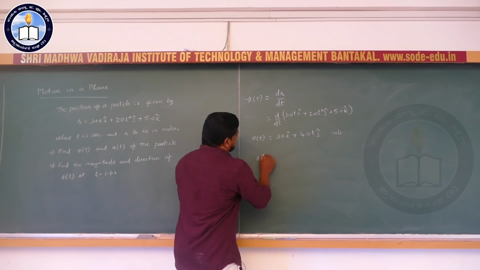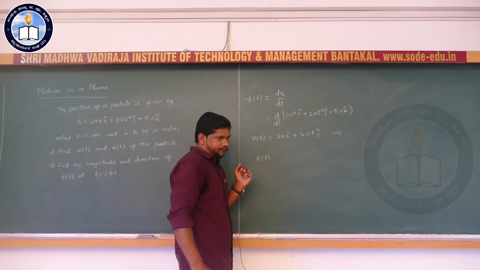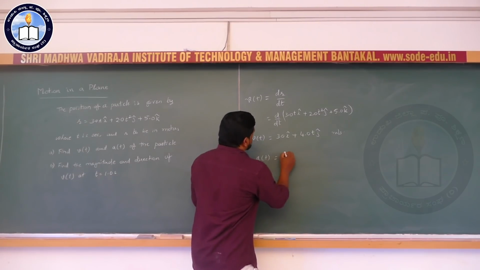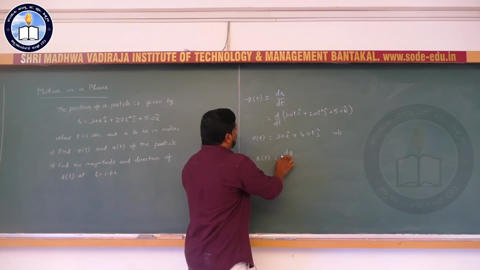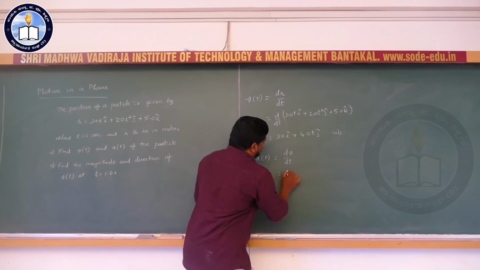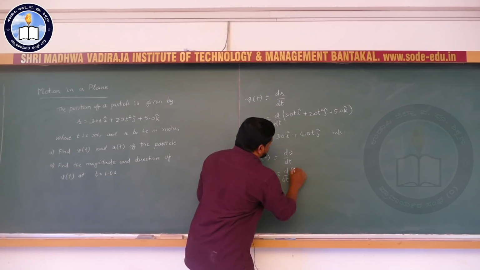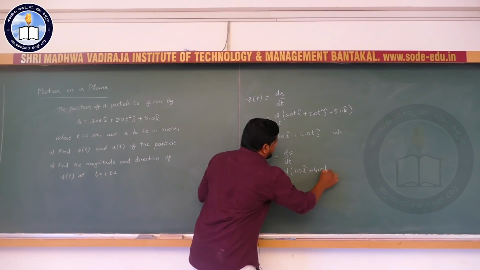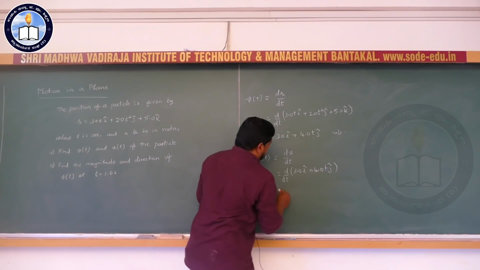Now acceleration as a function of time. Acceleration as a function of time is dv by dt, or d by dt of velocity. So this is d by dt of (3.0 i cap plus 4.0 t j cap).